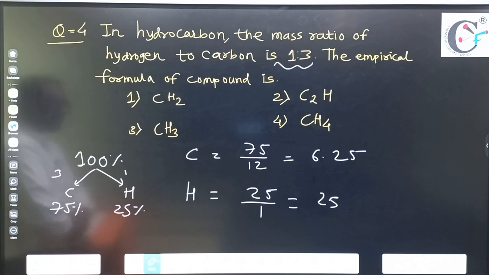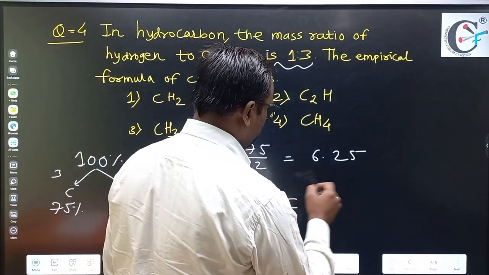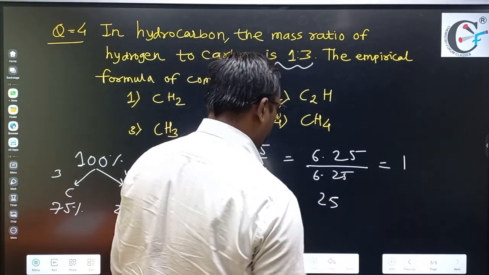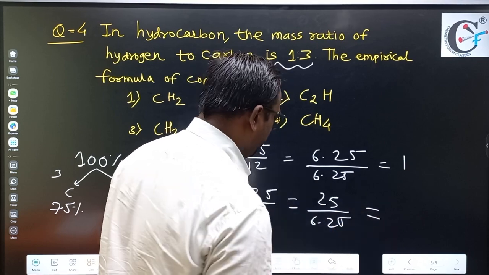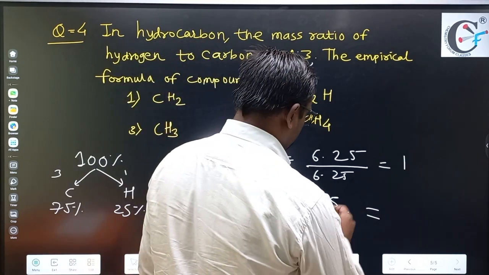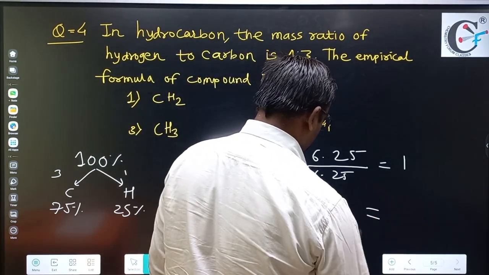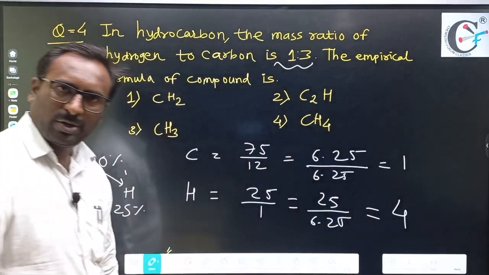Now, convert this into the simplest ratio. So, 6.25 divided by 6.25 will be equal to 1, and 25 divided by 6.25 will be equal to 4, since 6 fours are 24, meaning we are getting 4.